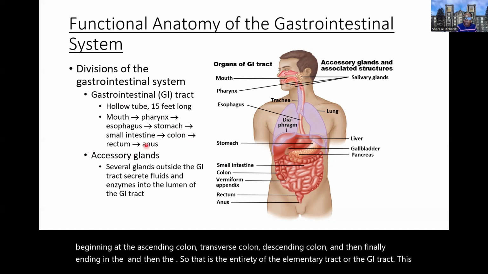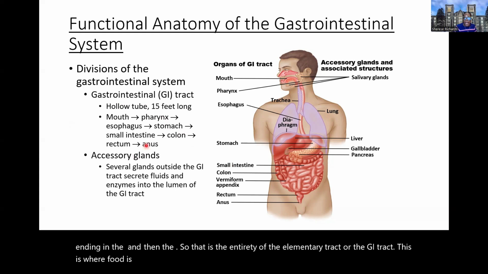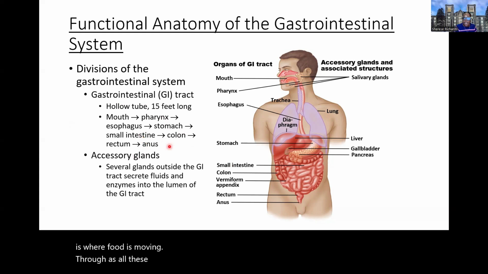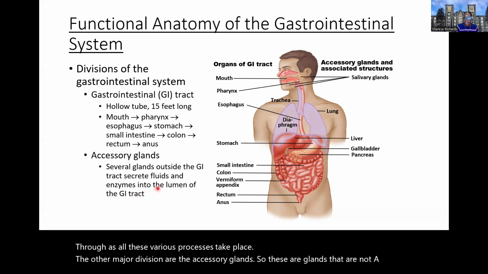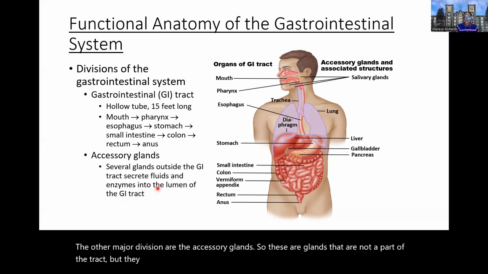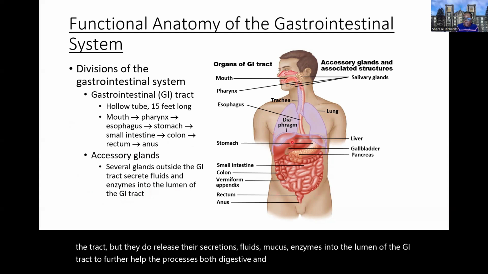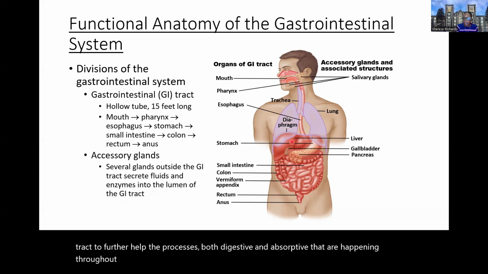This is where food is moving through as all of these various processes take place. The other major division are the accessory glands. So these are glands that are not a part of the tract, but they do release their secretions, fluids, mucus, enzymes into the lumen of the GI tract to further help the processes, both digestive and absorptive, that are happening throughout the length of the tract itself.